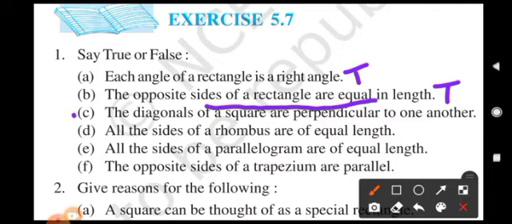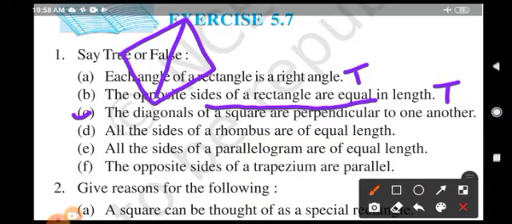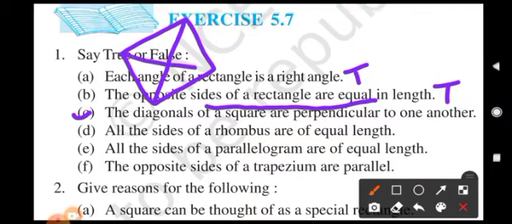Now question number C: the diagonals of a square are perpendicular to one another. We know what a diagonal is. I will show you the diagonal of the square. This is a square. A square means all sides are equal, all angles are equal, and they are also 90 degrees. Now these are called diagonals.